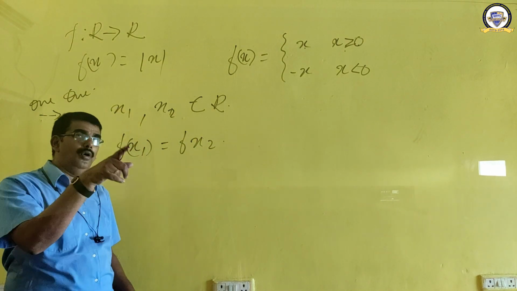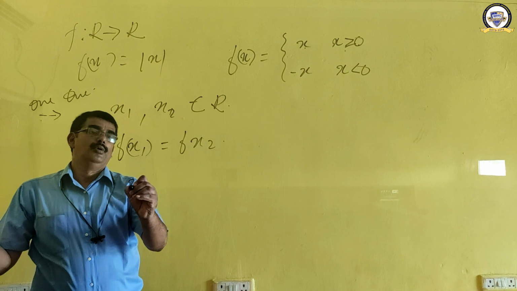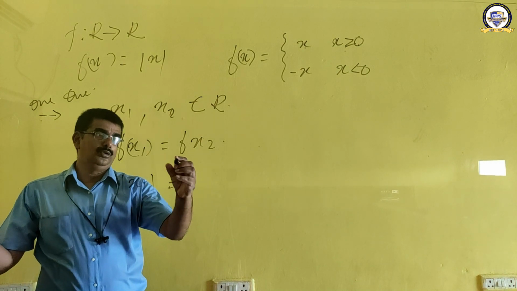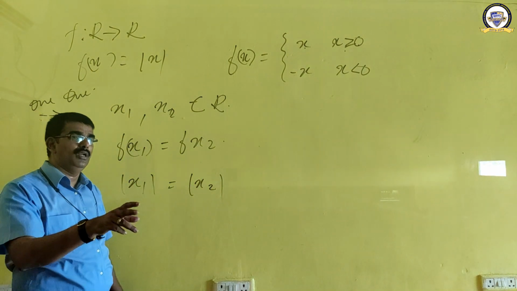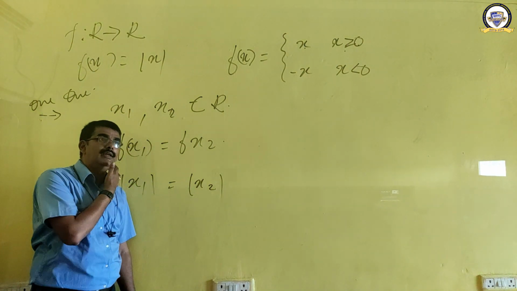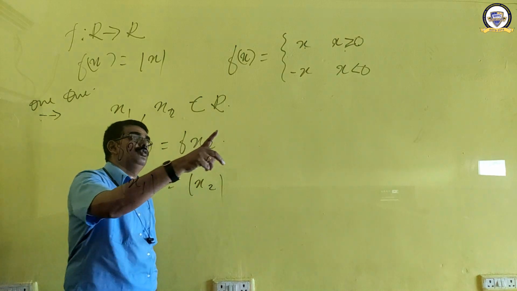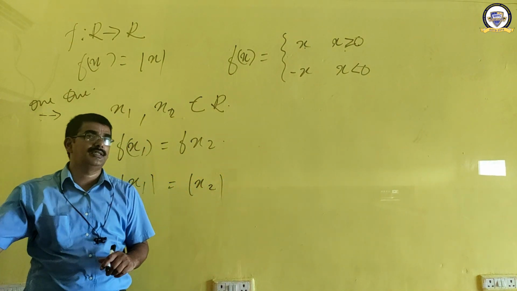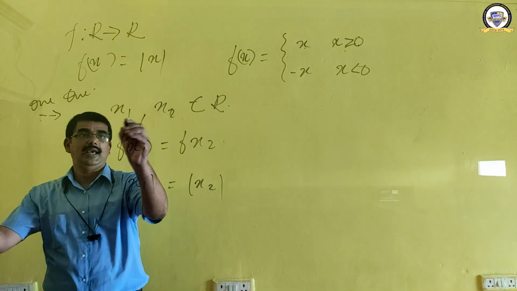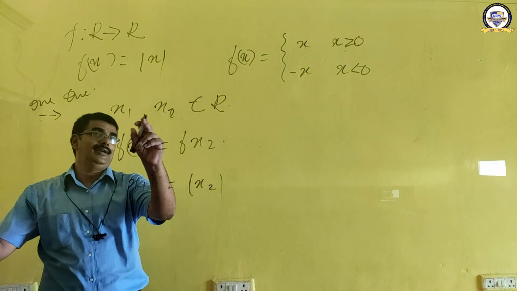So according to this, modulus of x1 is equal to modulus of x2. Here also several conditions are possible. Three cases must be there. The first case is x1 and x2 both positive.